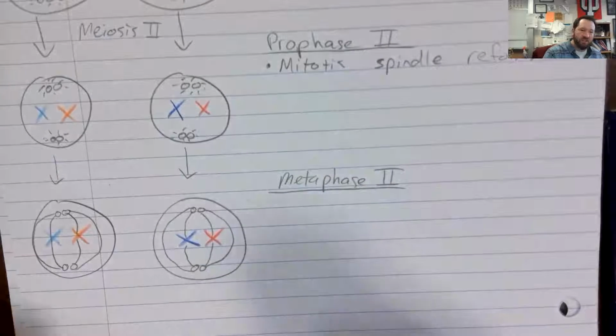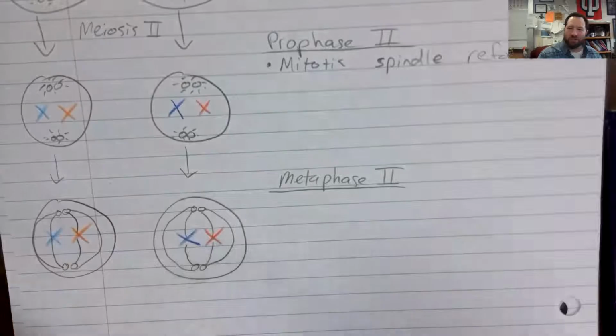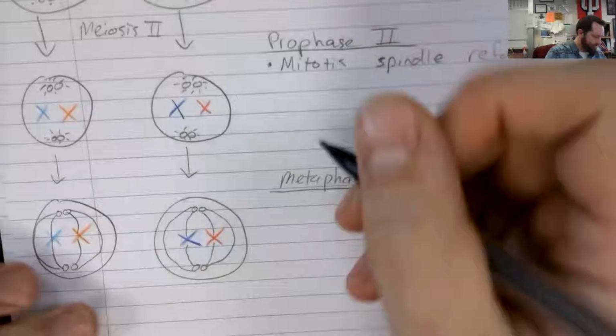We're going to enter metaphase 2, where, as you saw, the spindle fibers are going to connect to the sister chromatids. So we no longer have homologous pairs. We don't have to worry about that.